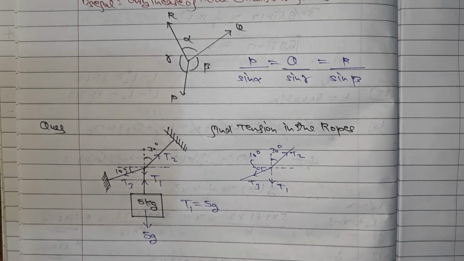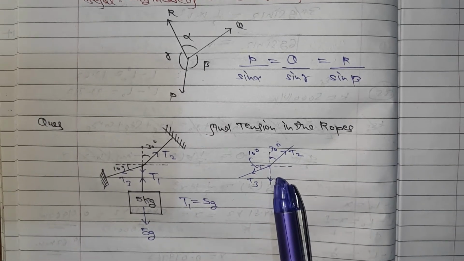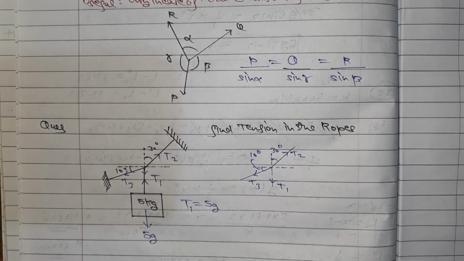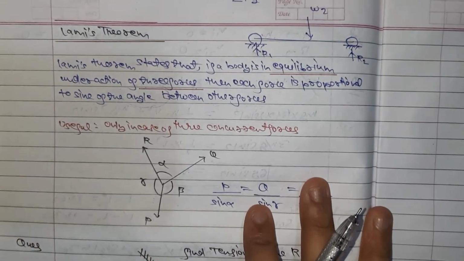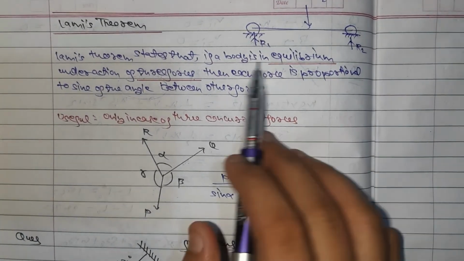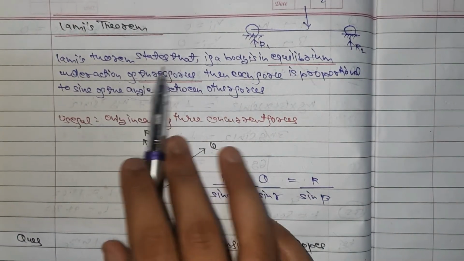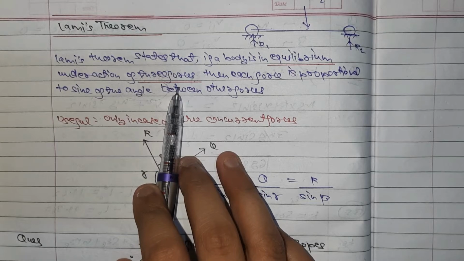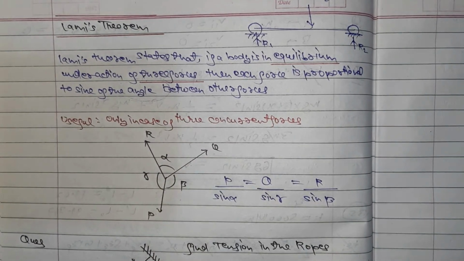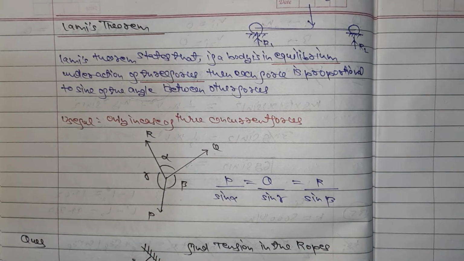One more thing, guys: can we use Lami's theorem here? What is the condition for Lami's theorem? I have clearly told you that the body should be in equilibrium under the action of 3 non-parallel forces, passing through a common point. It should be a concurrent force system.